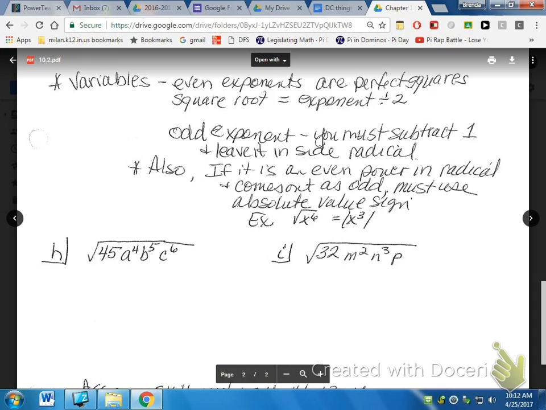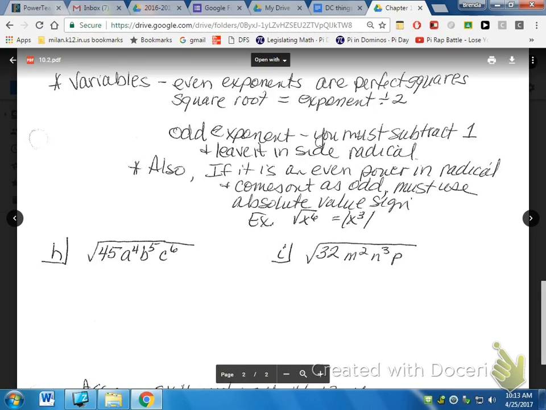Also, this is kind of weird, but you have to remember: if it is an even power inside but it comes out as an odd power, you have to be careful because of negatives. If that happens, you must put an absolute value sign around it to make sure we do not get incorrect signs.